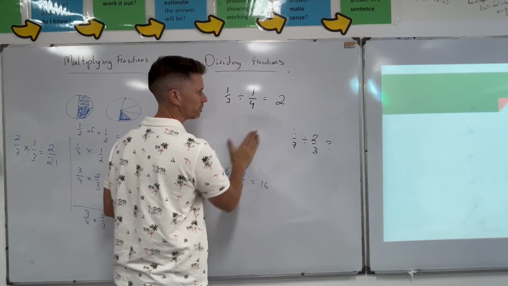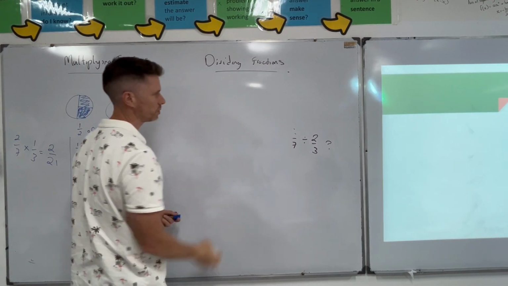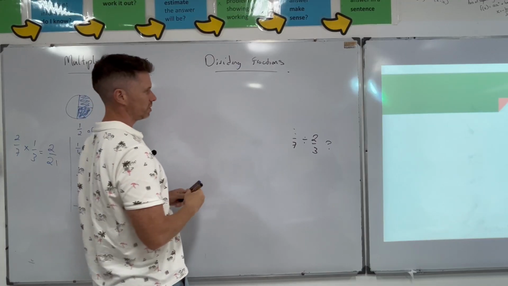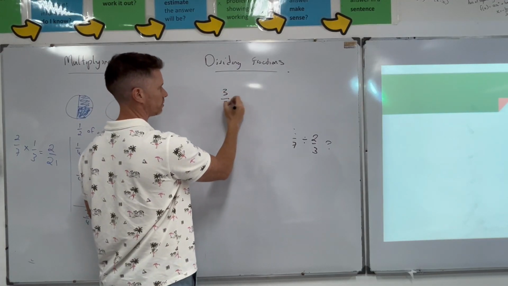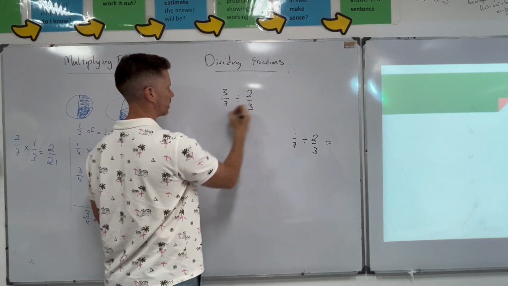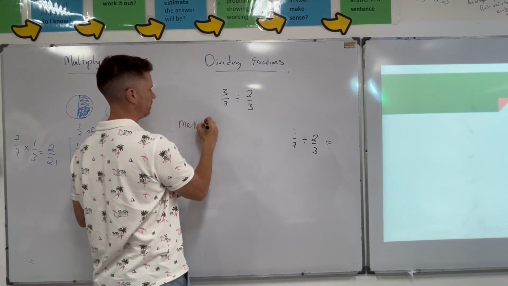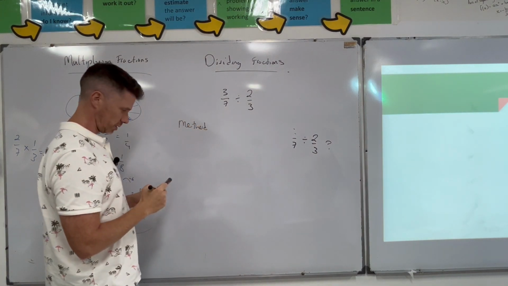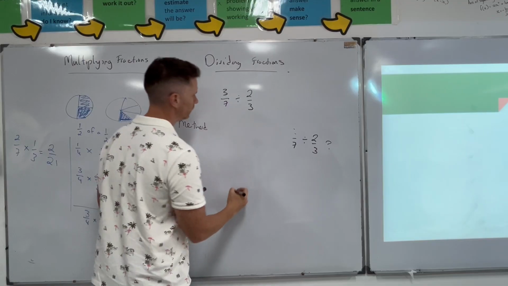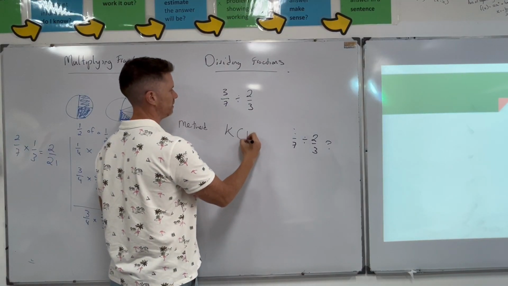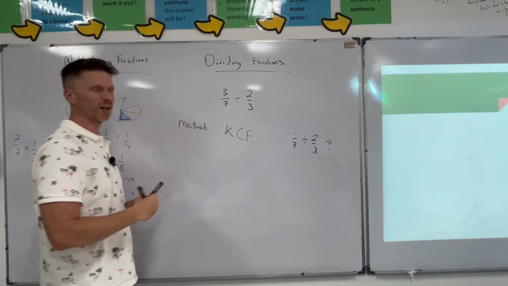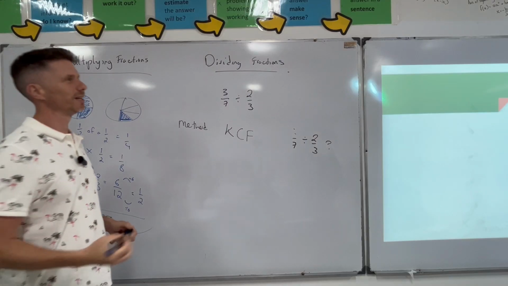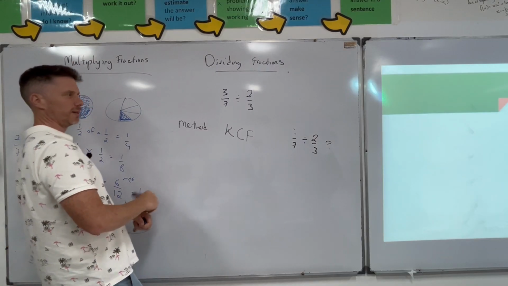I'm going to do this question over here. 3/7 divided by 2/3. And my method is I'm going to remember fried chicken. KCF. Well, spelled wrong. Kentucky chicken fried.